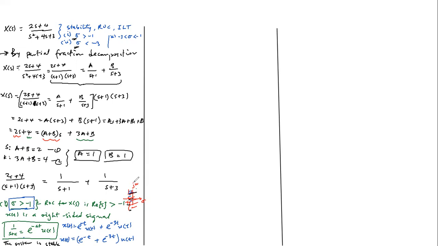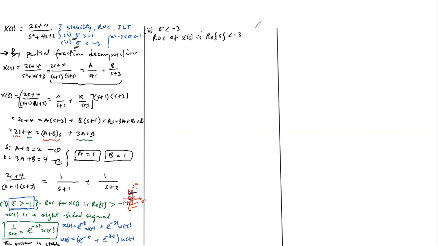Okay, so let us consider the second case, at sigma less than minus 3. Now, we know that the region of convergence of X of s is the real part of s, which is less than minus 3.